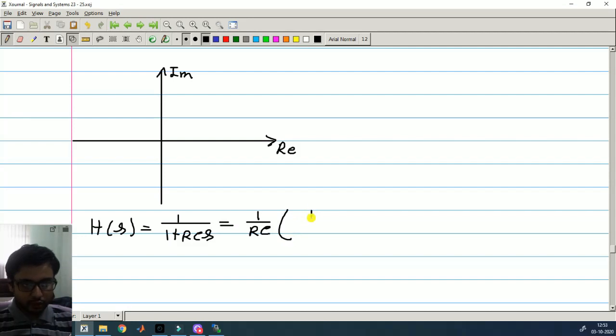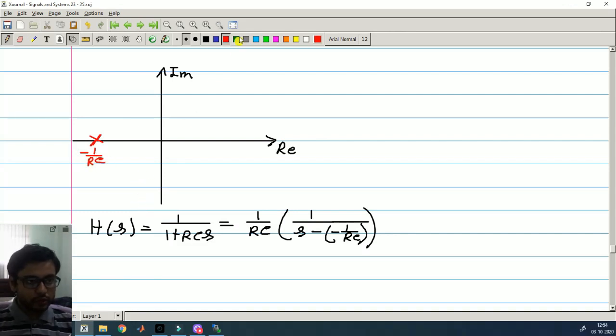Then I will write 1 by s minus, minus 1 by RC, in the standard form of s minus pole. So this pole is at minus 1 by RC, maybe somewhere here. Let me draw that with a cross. That is a pole. The symbol of a pole is a cross, and this point is minus 1 by RC.